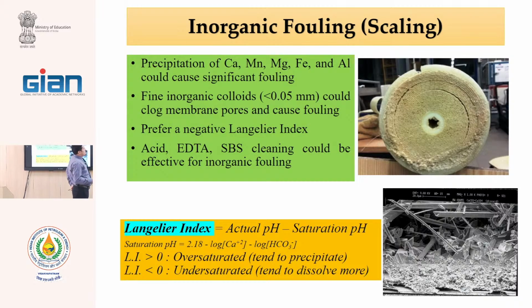This leads to destruction, and you see these crystals can act as a knife and cut the polymer. Therefore, we must control the conditions of the membrane for reducing fouling, and we need washing and cleaning of the membranes.